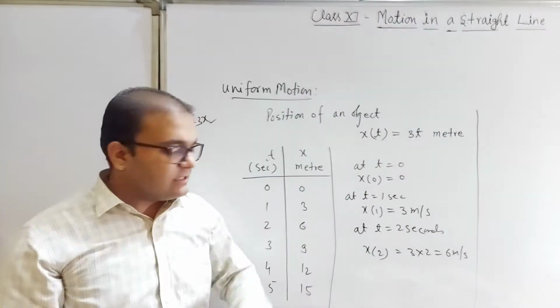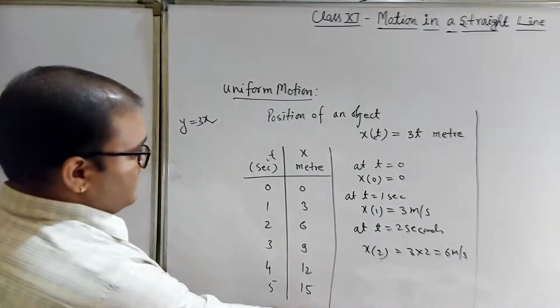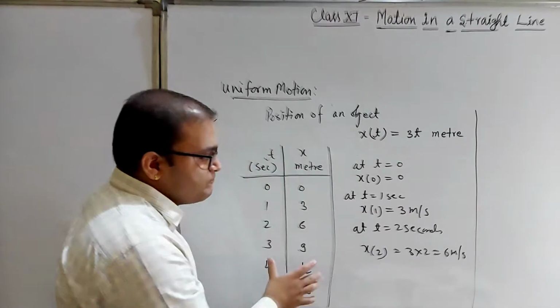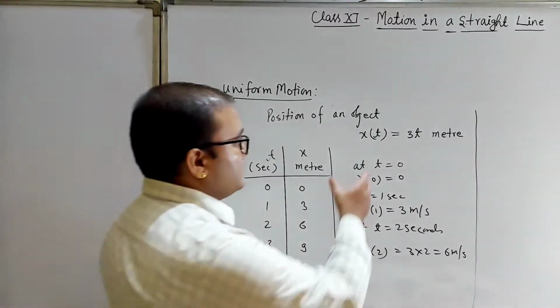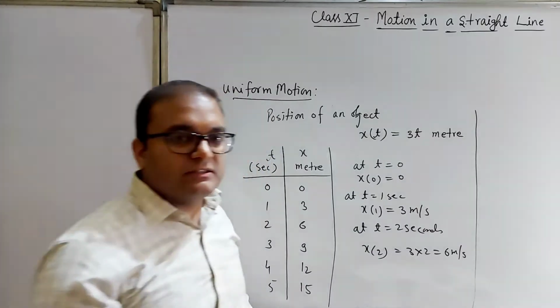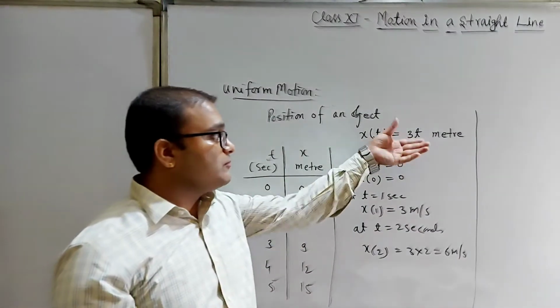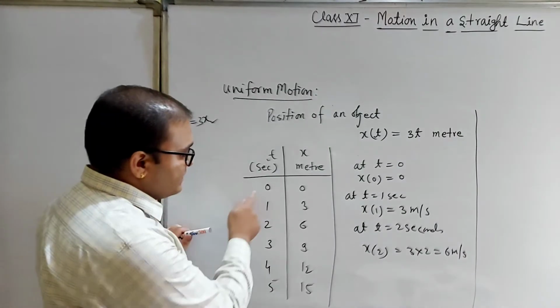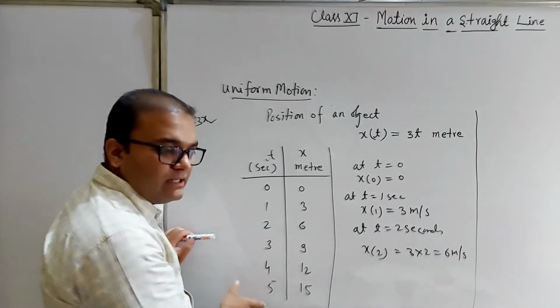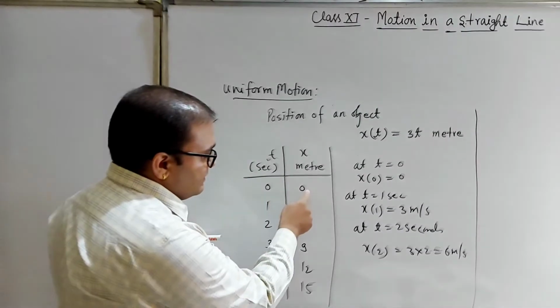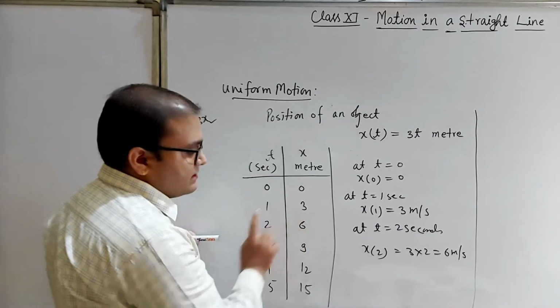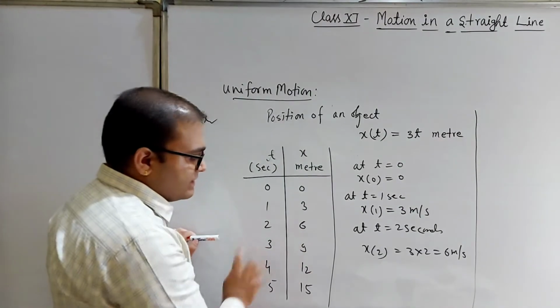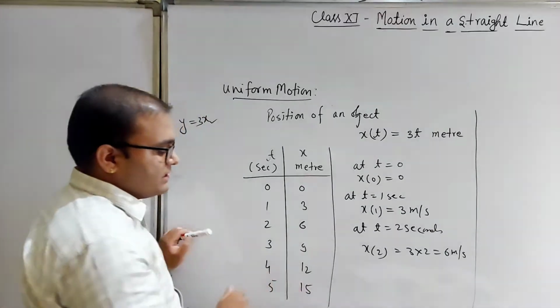Now you can check from this table whether this function x(t) equal to 3t is a function of uniform motion or non-uniform motion. You can see the time interval is 1 second each, and the change in position is 3, next 1 second 3, next 1 second 3, and so on.